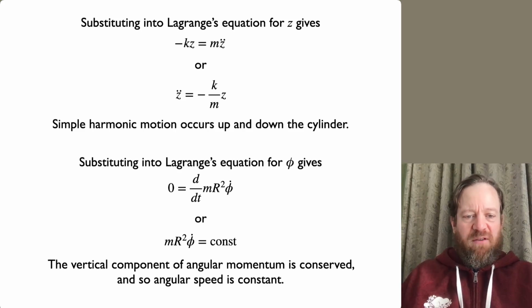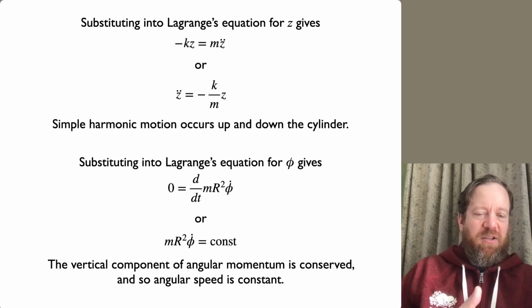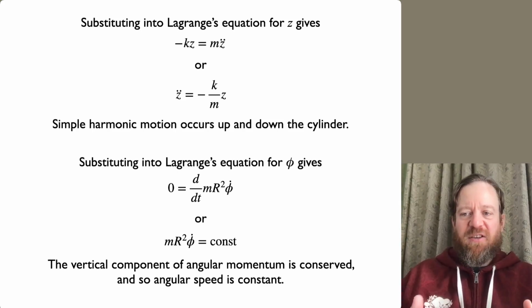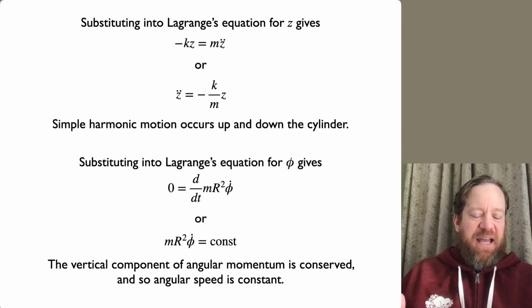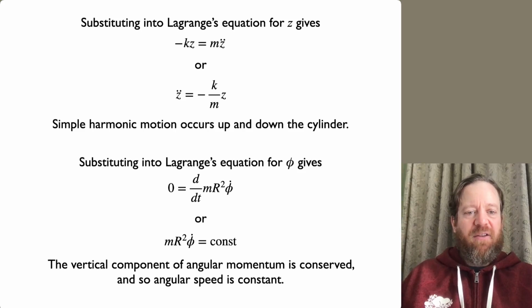We didn't start from conservation of angular momentum as we would have done in the Newtonian approach and applied that to the problem. Instead, conservation of angular momentum emerges really organically from the approach that we're using here. And we'll see that that is actually very, very common for the Lagrangian approach.